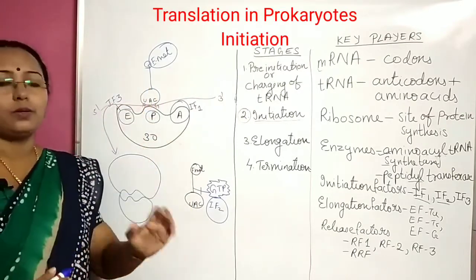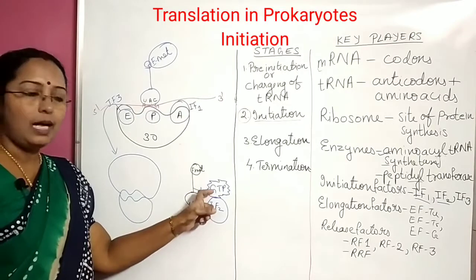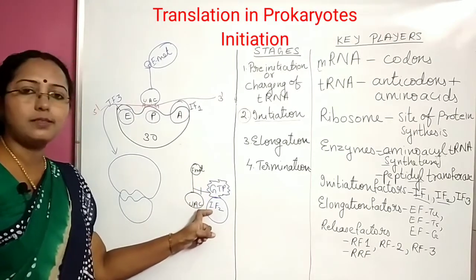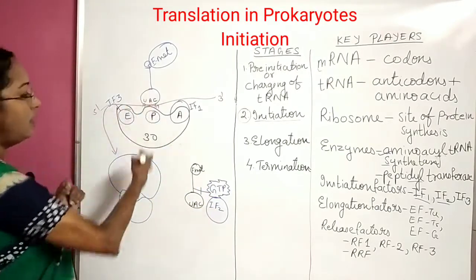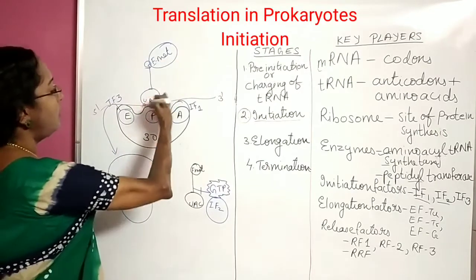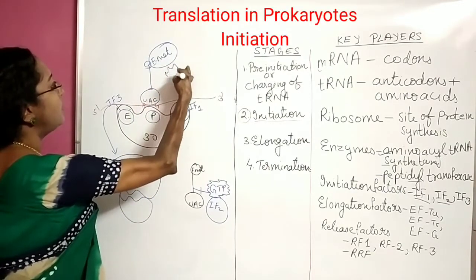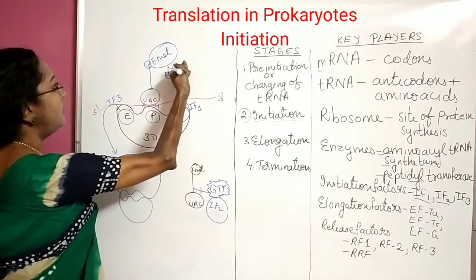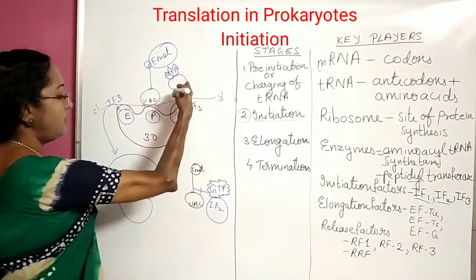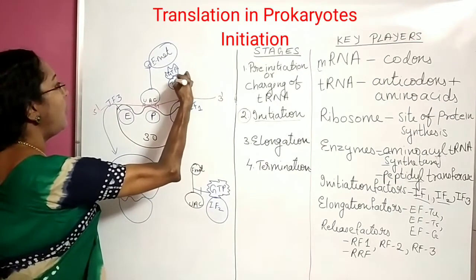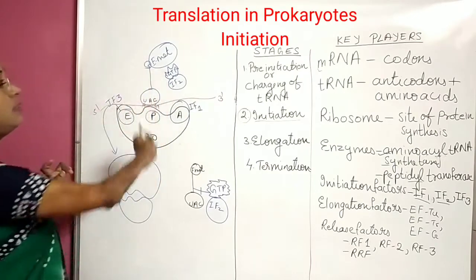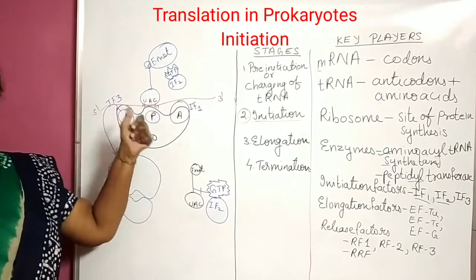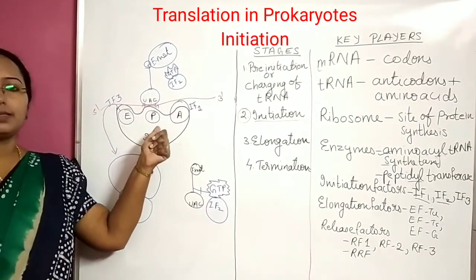On its own it cannot go. It needs energy, and the energy molecule needs the assistance of IF2. So here it is not alone, but combined with GTP, and GTP is combined with IF2. This is how the initiator tRNA comes and binds.